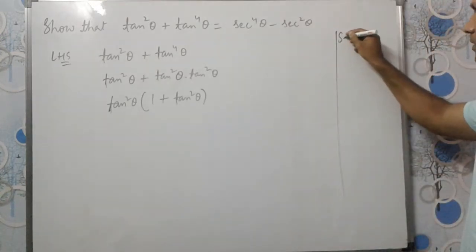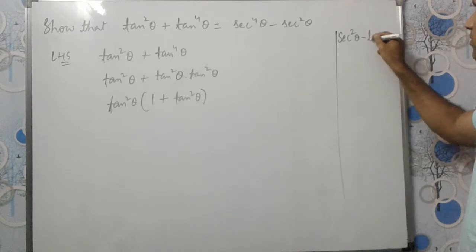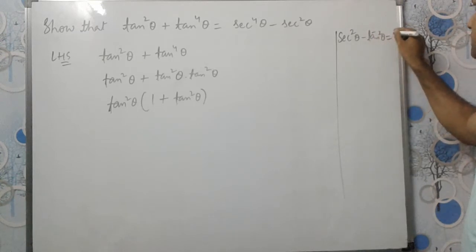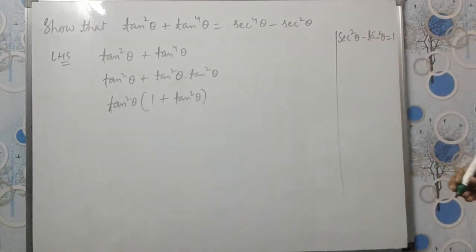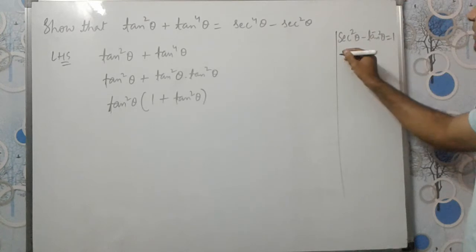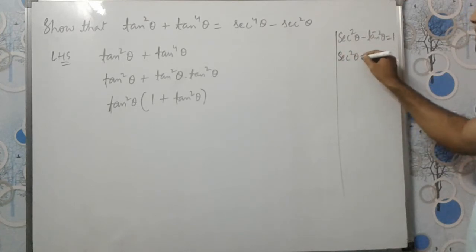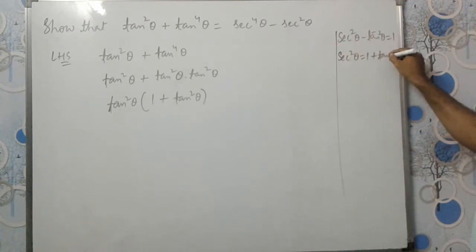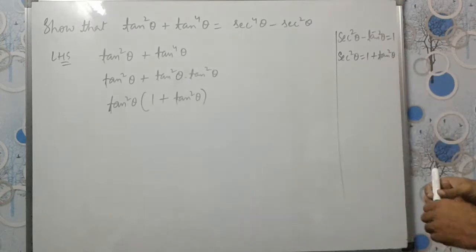Now we know identities. We know this: secant square theta minus tan square theta is equal to 1. So if we send tan to the other side, secant square will become 1 plus tan square theta. Why are we using this identity?